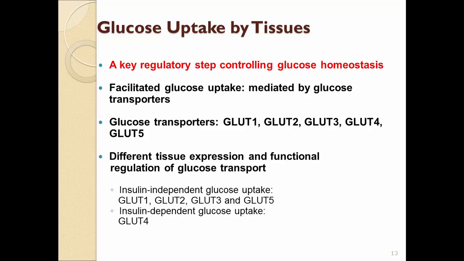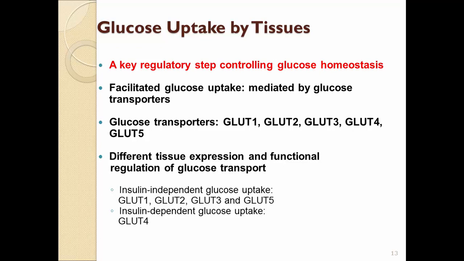One is called insulin-independent glucose uptake, like GLUT1, 2, 3, and 5. These four types of glucose transporters transport glucose independent of insulin. So insulin does nothing to regulate the transport activity of these four types of transporters, right?